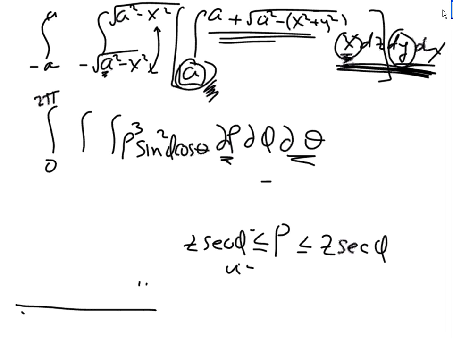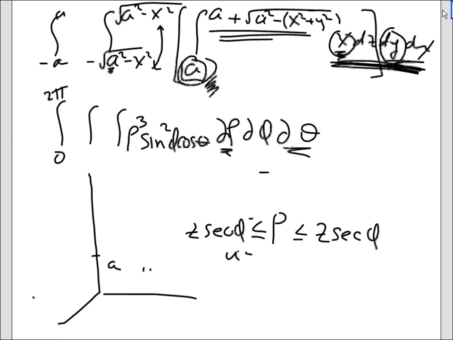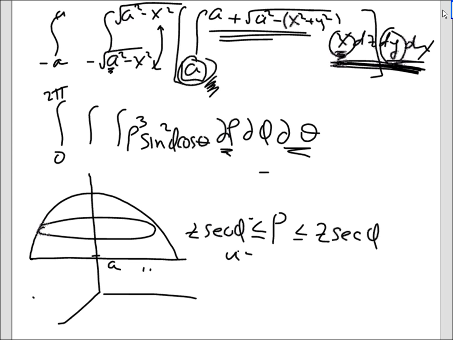So let us draw this yet again. Here's A. You get a sphere. Now, the question is, what can phi go from?